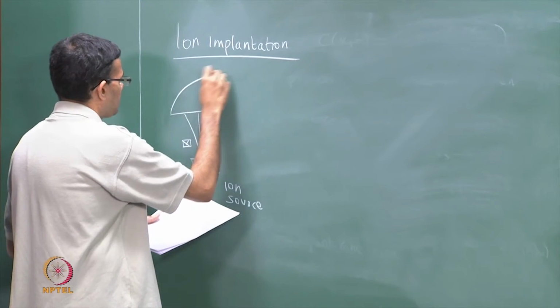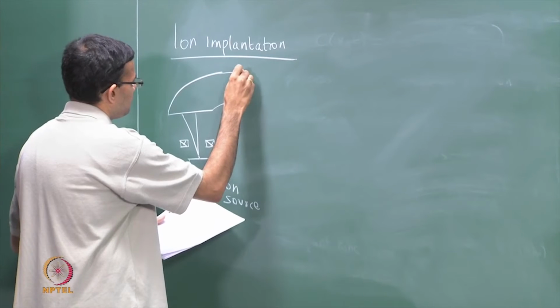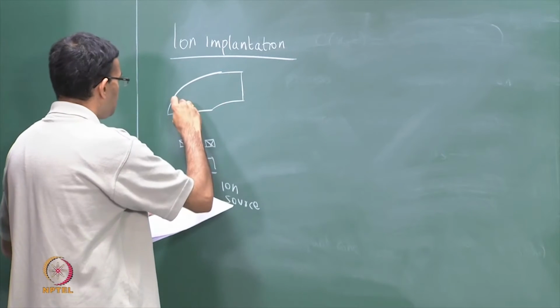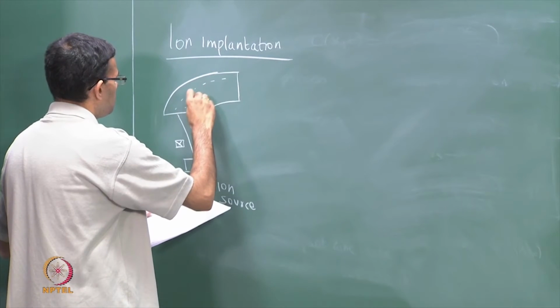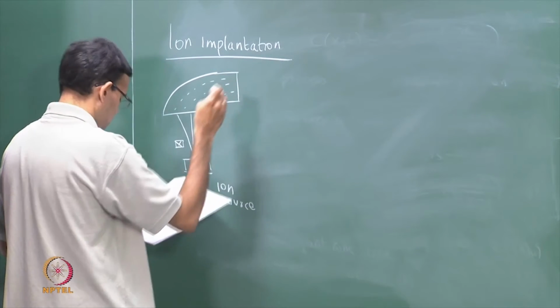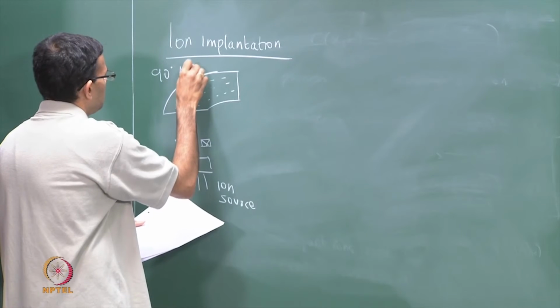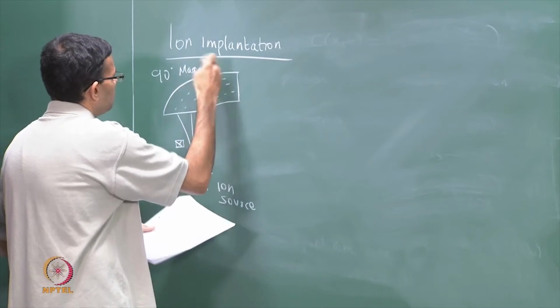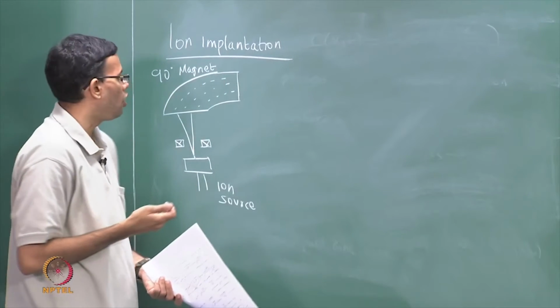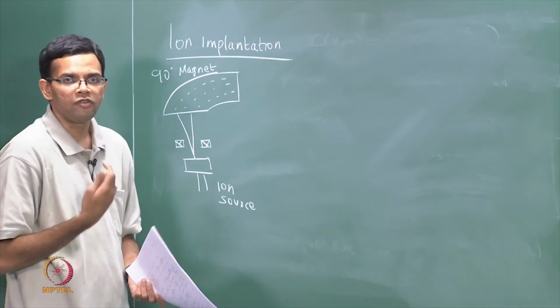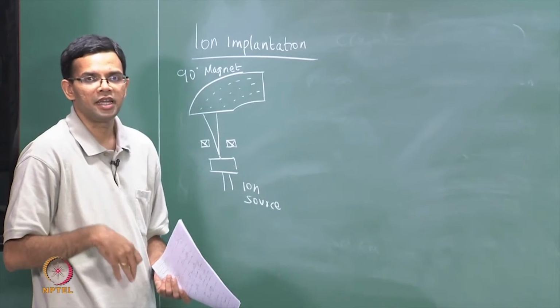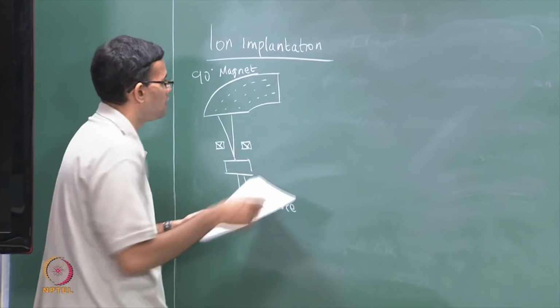These ions are accelerated to a magnet. It's called a 90-degree magnet. This is used in order to select ions of the specific mass, which relates again to ions of a specific charge.